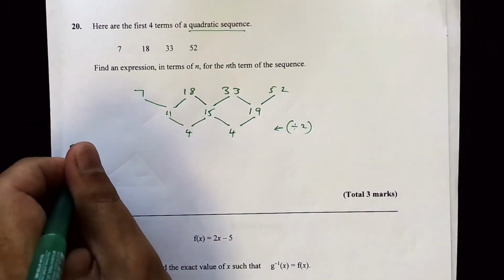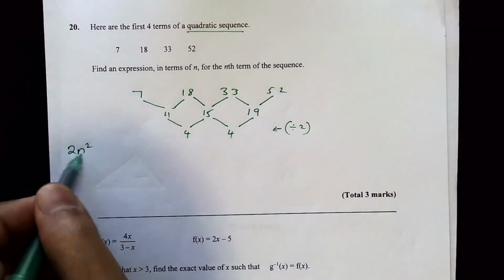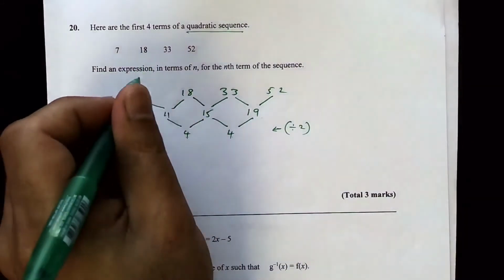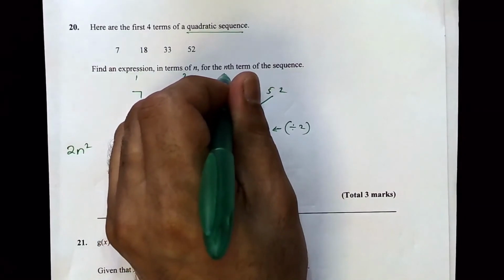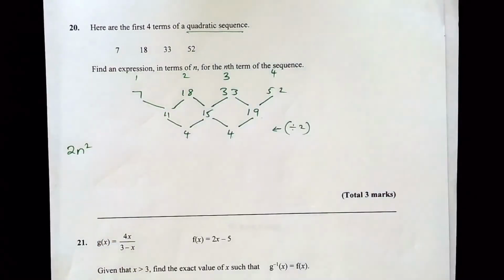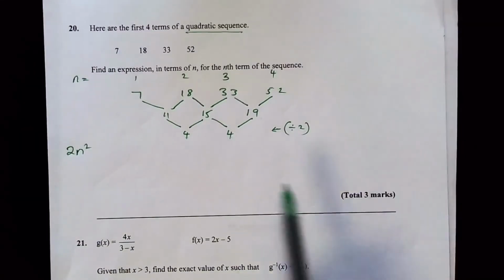So now the first part of my rule is going to be 2n squared. For my rule, this is my first term, second, third, and fourth. So this is the n number, the nth term.